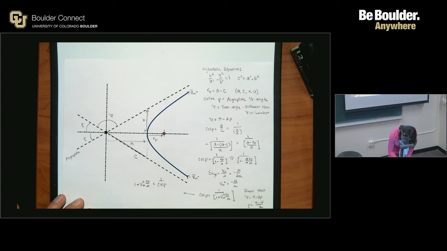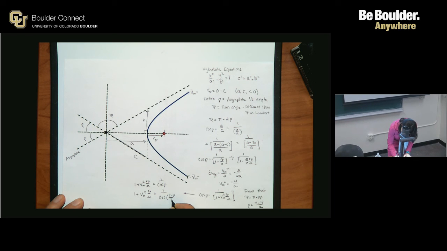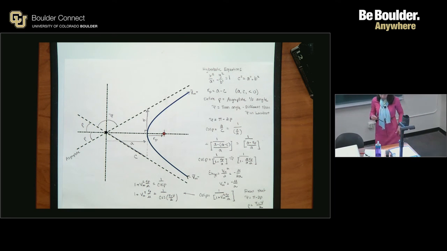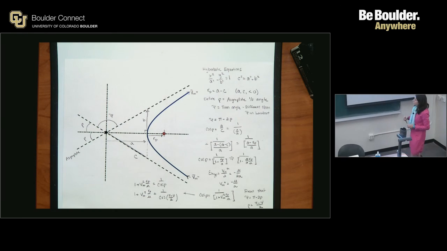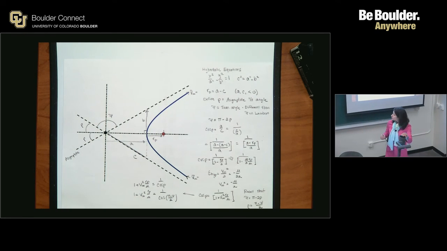So 1 plus v infinity squared r sub p over mu is equal to 1 over the cosine of pi minus psi over 2. So we're getting really close to getting somewhere.